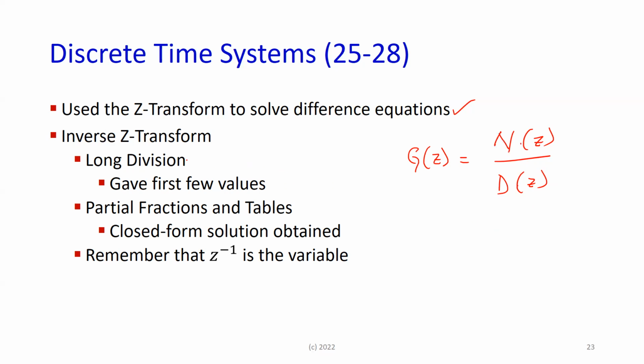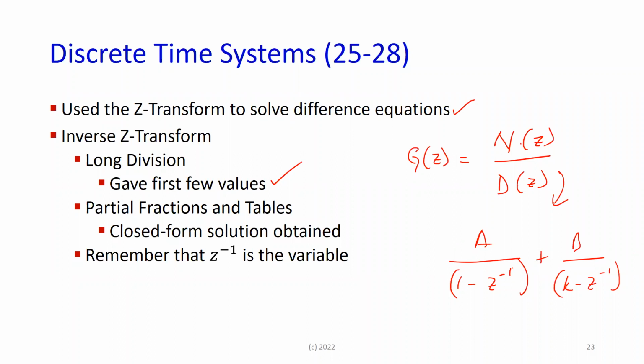So if you do that, you could get the inverse Z transform for the first few values. Or if you want to find a closed form, then you put this in partial fraction form. So you get A over something minus (Z minus 1) plus B over K minus (Z minus 1), etc. Solve for A and B.